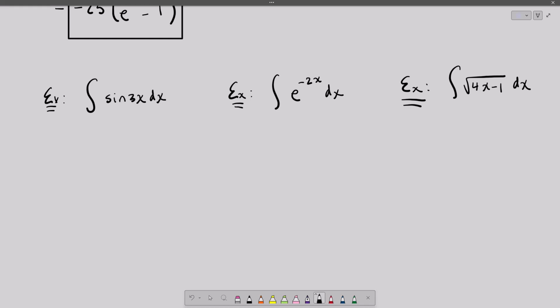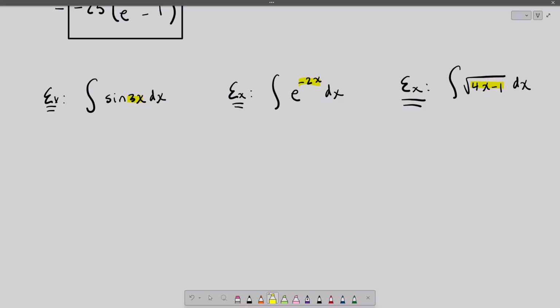So like I said, when you go to do U sub, you generally are picking for your substitution the angle, the exponent, or whatever's inside the radical, the radicand. Those would be your substitution options. All 3 of those are linear.